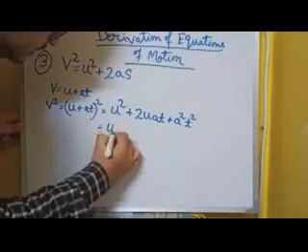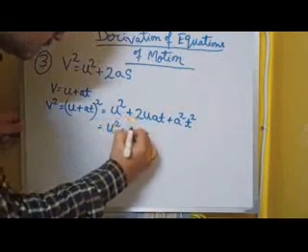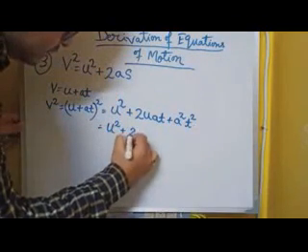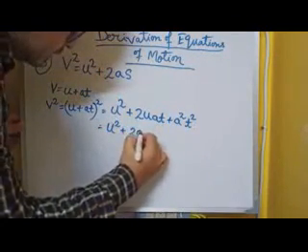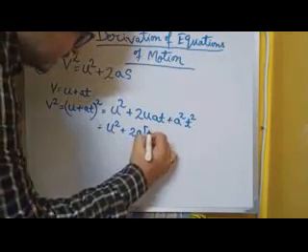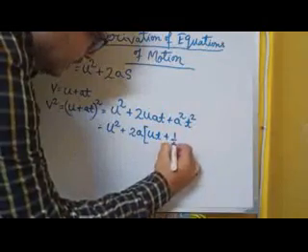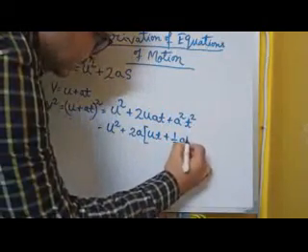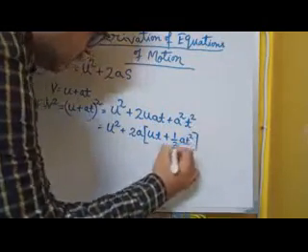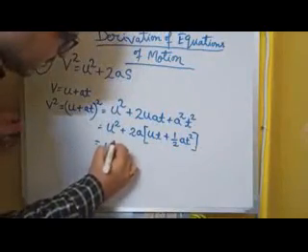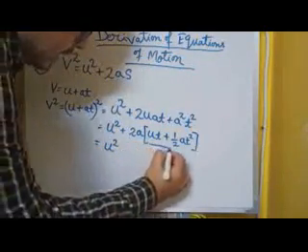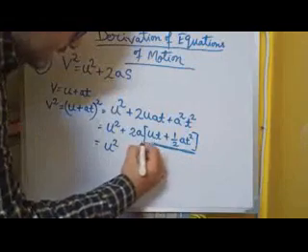Now U square, just keep it, and from here you take the common 2A. You will get ut here, and here you will get half a t square. From the previous equation we know that ut plus half a t square is equal to s.